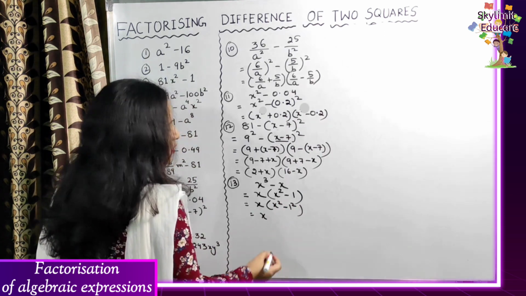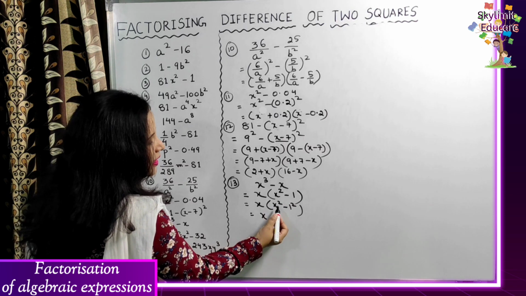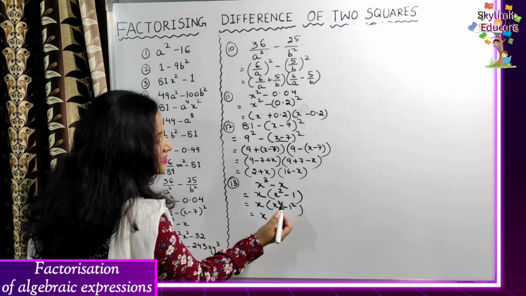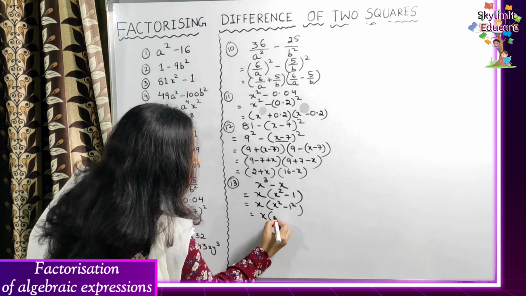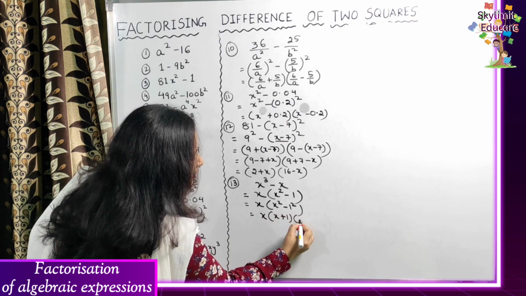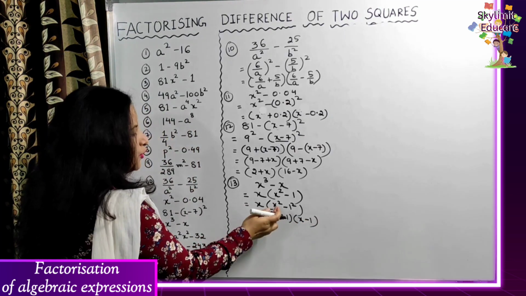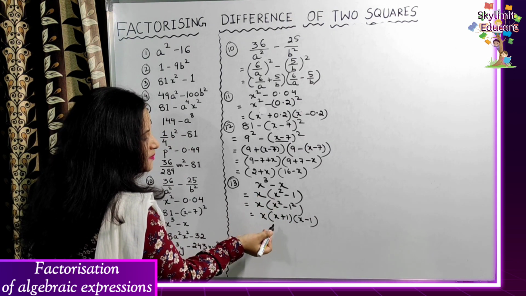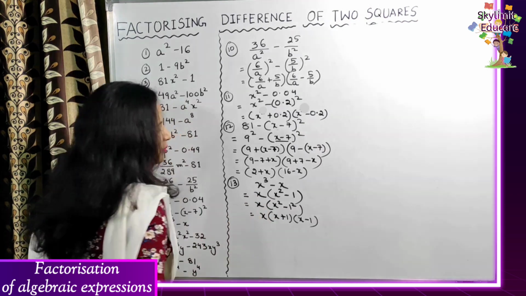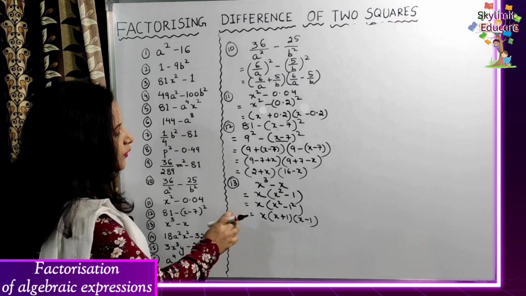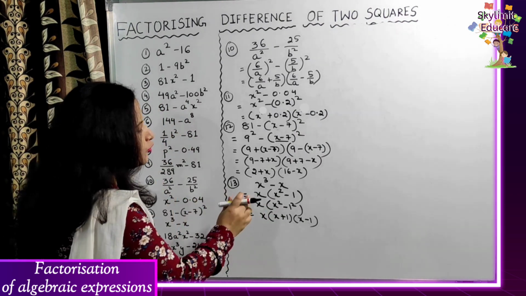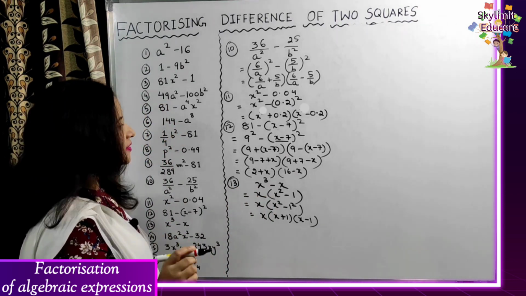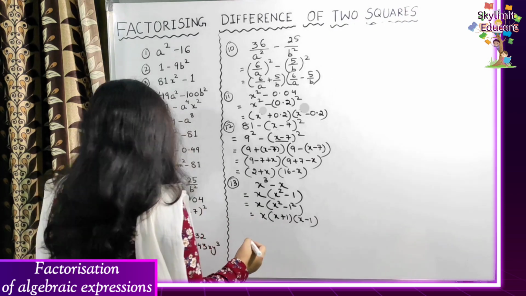The square root of x square is x and 1 is the square of 1. So it can be written as (x plus 1) multiplied to (x minus 1). You can factorize because both are perfect squares here. Previously they were imperfect squares, but now you have made it perfect by taking a common monomial factor. So your aim should be to make the given terms a perfect square, right? Let's come to number 14.